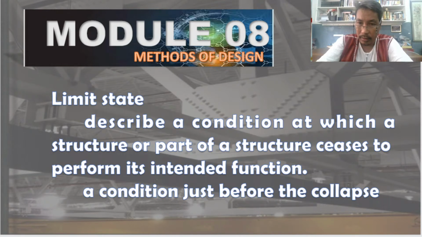So our design purpose is not being performed by the member, by the structural element. So that is what we mean by limit state. It is just a condition just before the collapse of the structure.